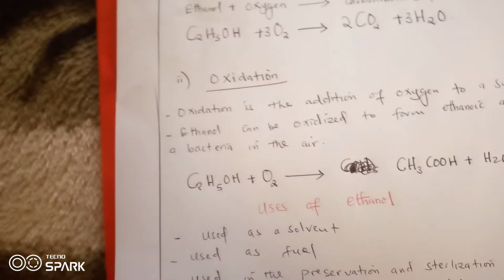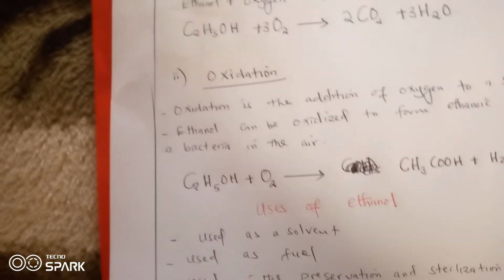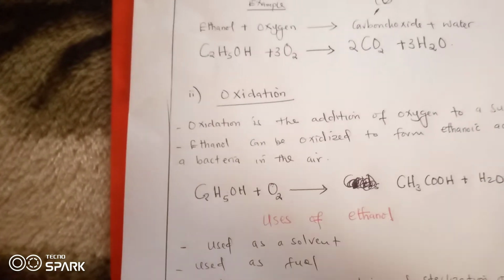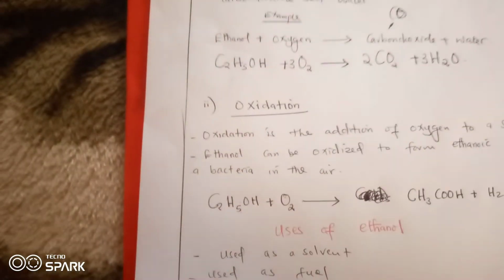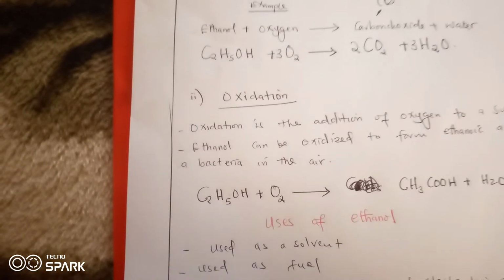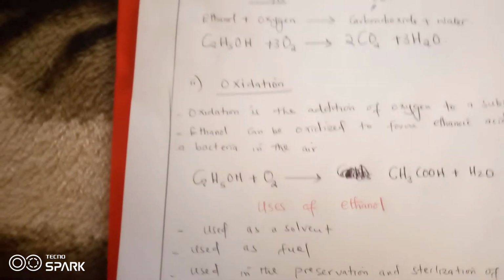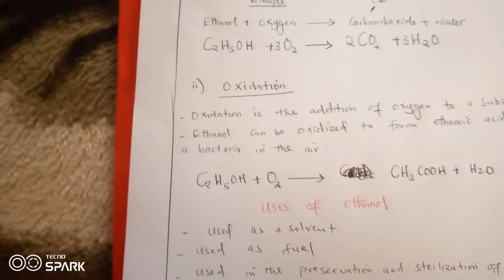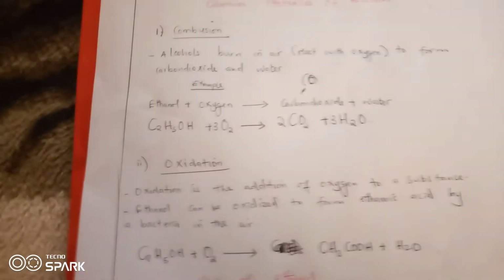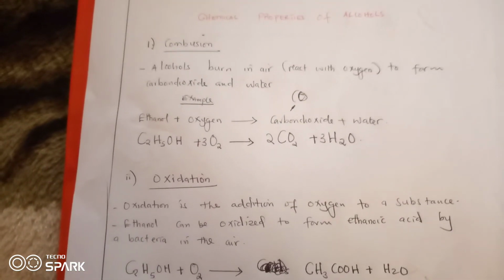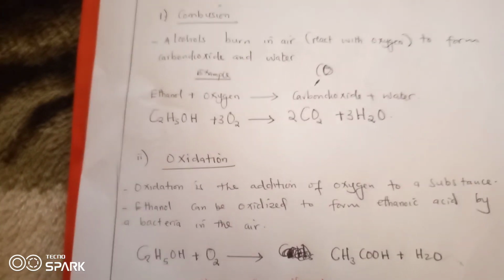The same happens to propanol. Propanol reacts with the oxygen, it forms propanoic acid. Butanol with oxygen, butanoic acid. So this is what we should know under oxidation. So remember, there are two reactions here for alcohol. One is the combustion, the other one is the oxidation.